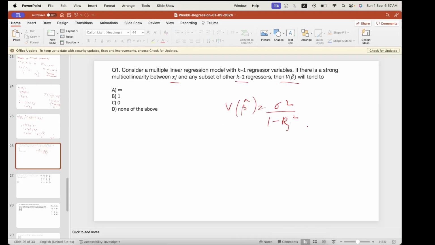Since there is strong multicollinearity between Xj and any other subset, this Rj square will go up to 1. So then this denominator will go towards 0 and variance of beta hat will shoot up to infinity. So that is the answer. Alright, moving on.